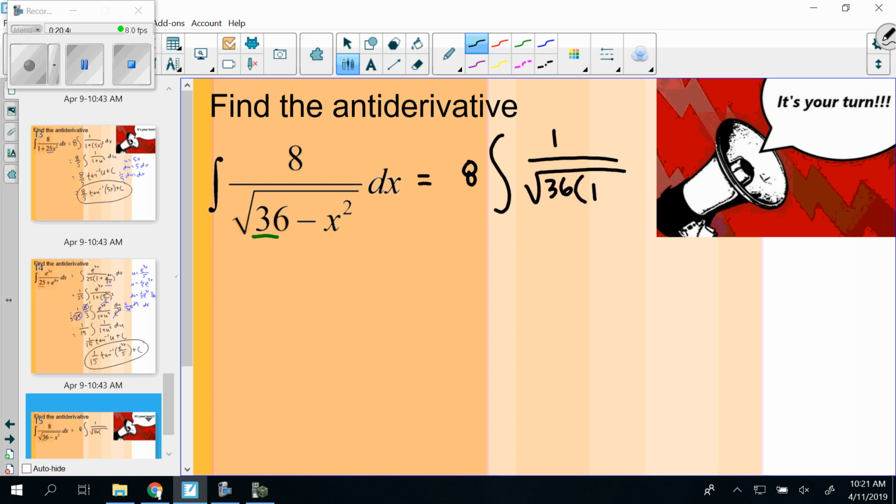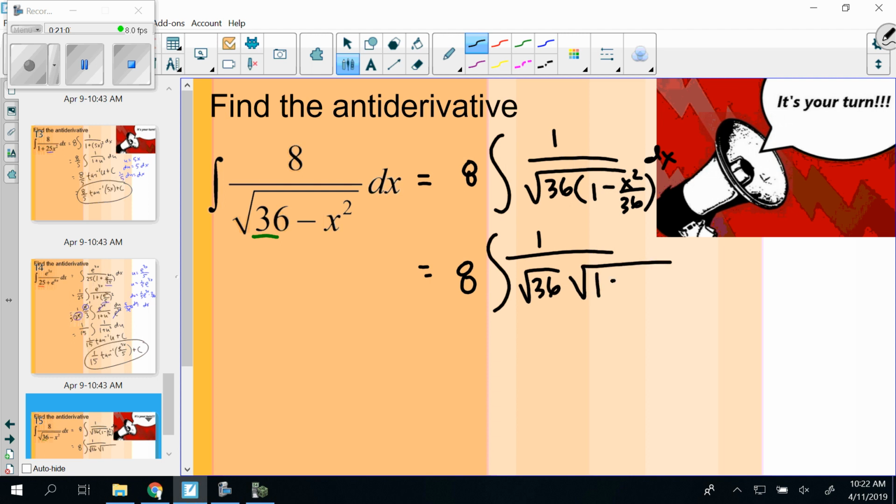And so this is going to be 1 minus x squared over 36 dx. So we want to figure out what is being squared there. Also, we can take advantage of square root properties and split this up as 2 square roots.